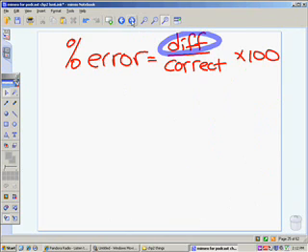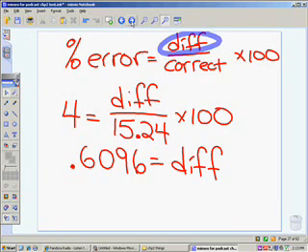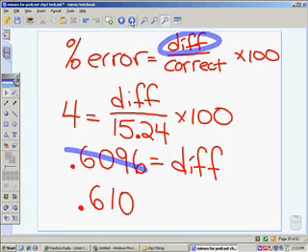So the difference here is what we're looking for. We know that the percent error is going to be 4%. We know the correct value is 15.24. So we're looking for the difference. And we find out that that's 0.6096. We're going to round that to 3 digits, 0.610.